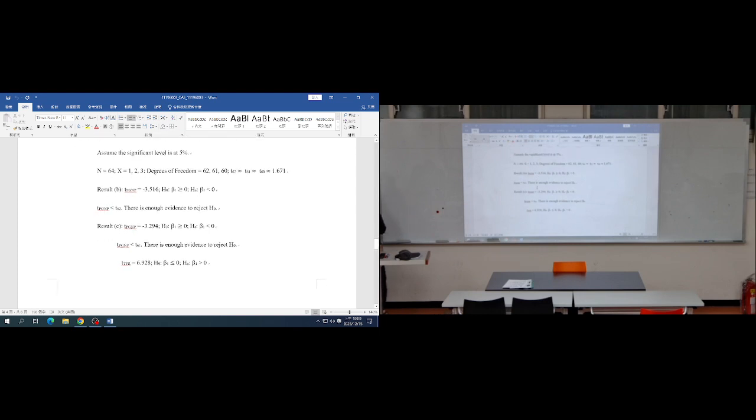And the result of it is we expected beta 1 to be less than 0 because we expect it should be negative. So the T for PGMP is smaller than T62, which means there is enough evidence to reject H0.